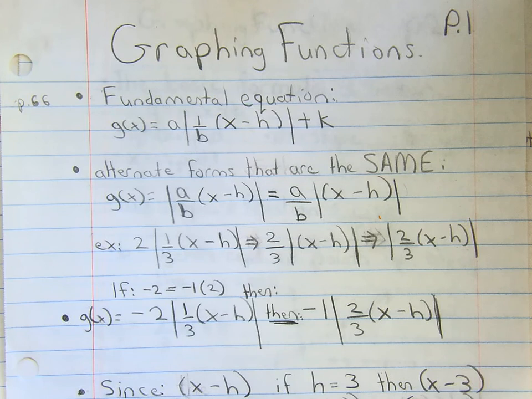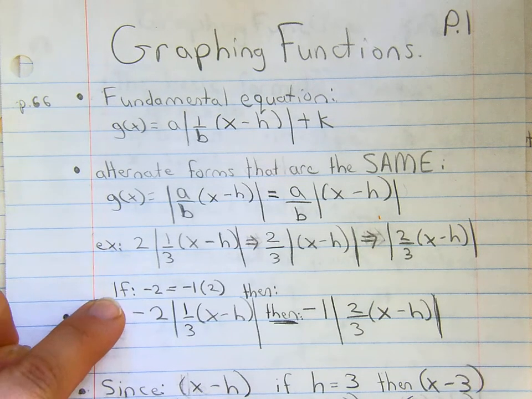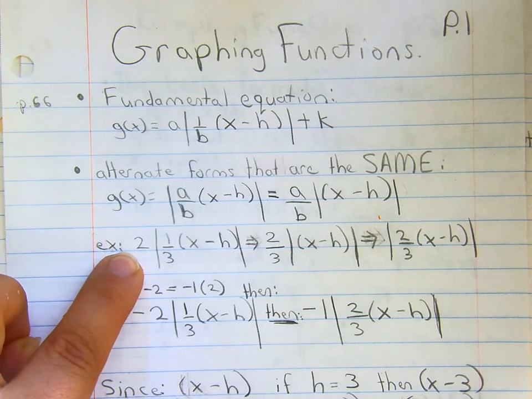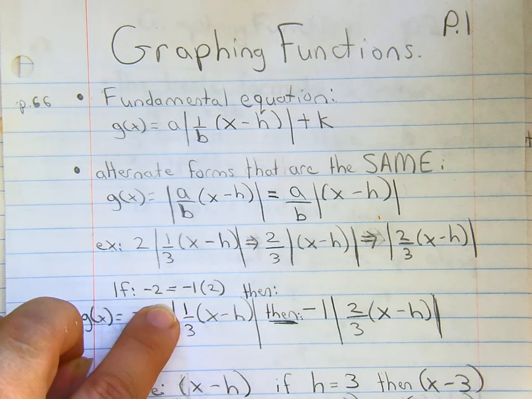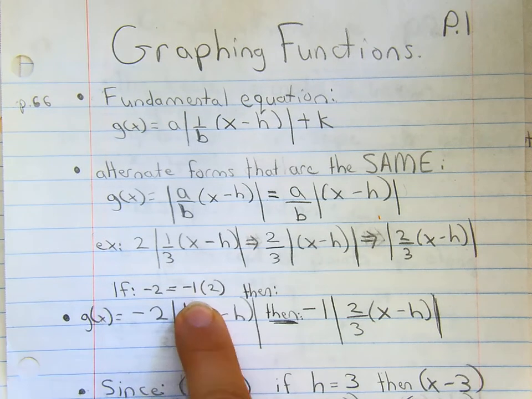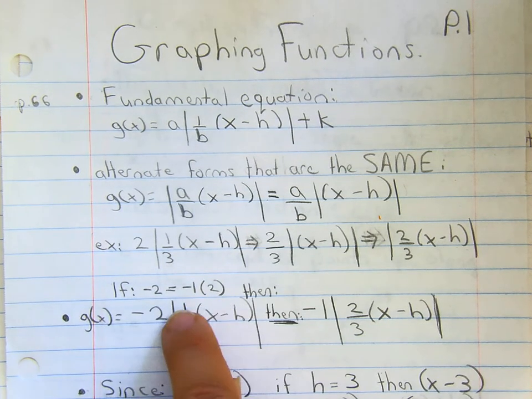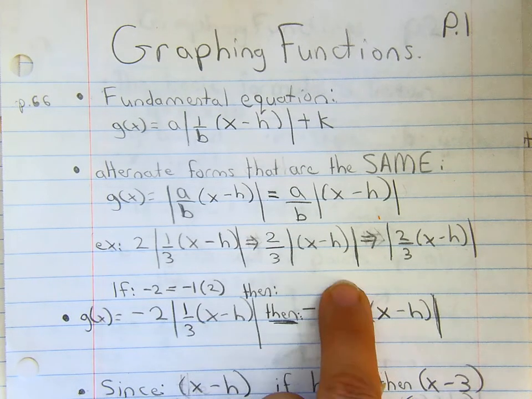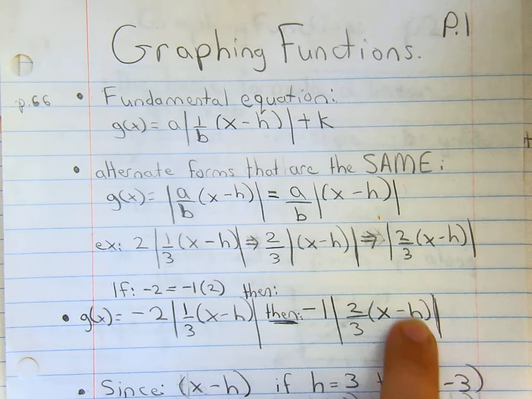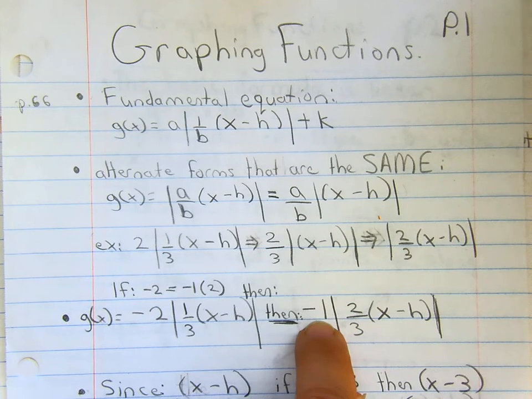But there's a bit of information that you want to make sure that you pay attention to. If in this situation your a, your 2 here, is a negative 2 or negative a, then you have to think about that as -1 times 2. What that then becomes is we can suck the 2 into the absolute value, but the negative has to stay on the outside.